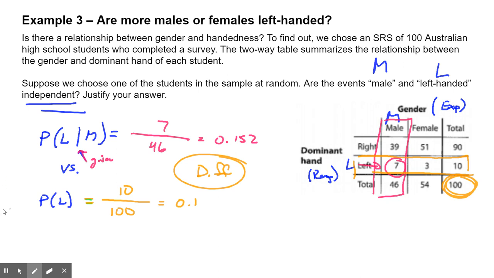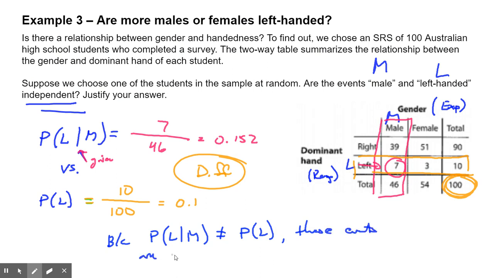We will say, because the probability of L given M does not equal the probability of L, these events are not independent. So when it says not equals, it's not independent. It matches, not backwards.